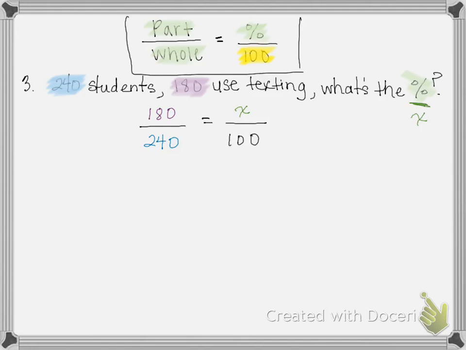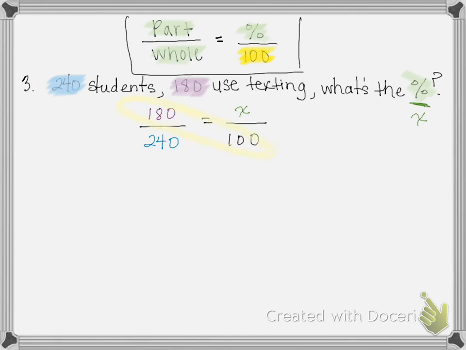So we've learned that in order to solve a proportion, when we have a ratio equal to a ratio, it's a proportion, and we can solve by cross multiplying. Some of you guys might know it as like the butterfly method or something like that. But really, we're just going to multiply these guys.